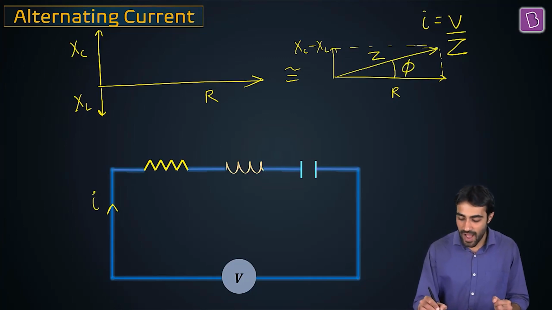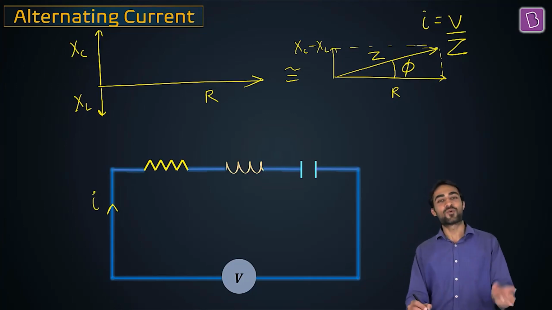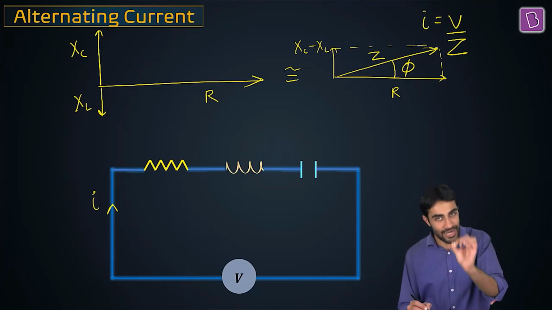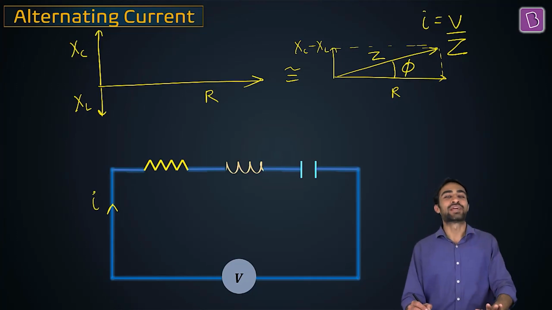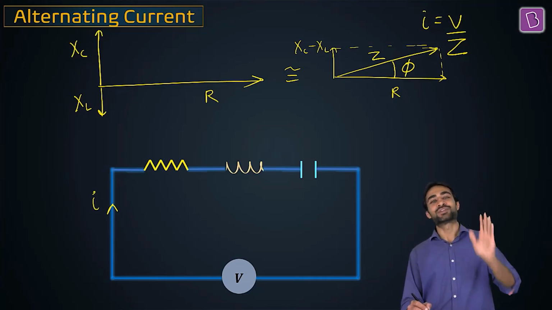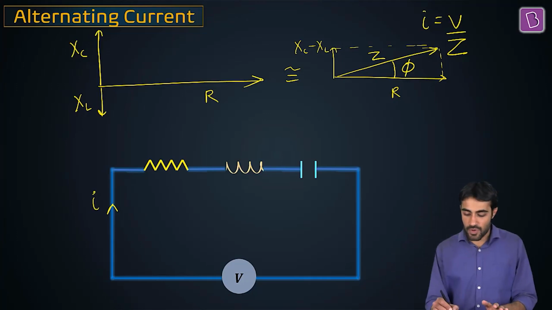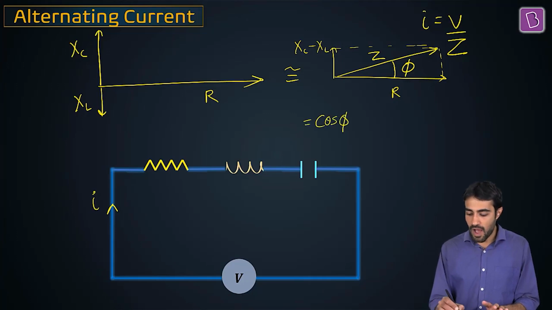This angle phi is very, very important. Why? Because phi is the phase difference between the current and the voltage. Now, let me talk about the value of cos phi. Cos phi is our power factor.